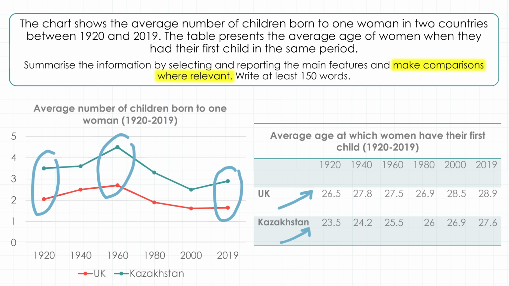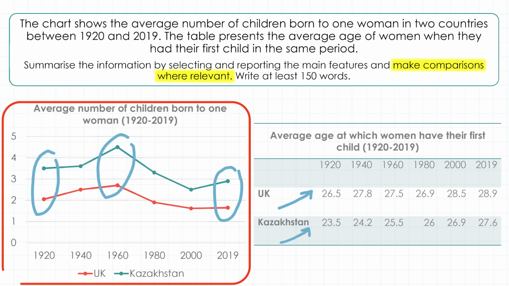So you should compare the numbers in different time periods, for example, at the beginning of the period and at the end. And also we need to compare the 2 countries. And actually here we see something interesting. So when we look at our line graph, we can see that all the numbers for the UK are below those for Kazakhstan.